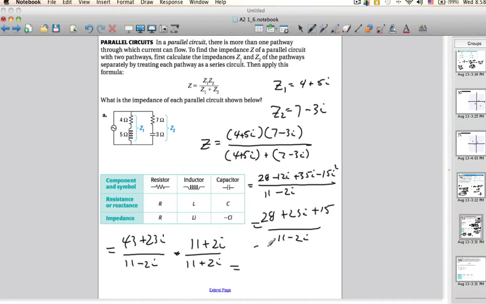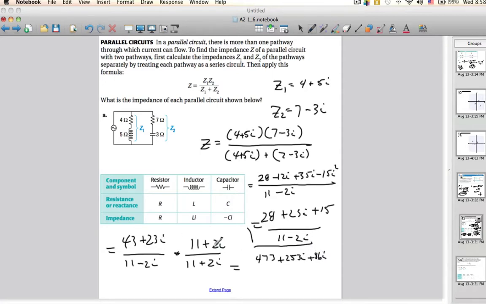Okay, so let's make a little barrier here. 11 times 43 would be 473. And then 23i times 11 would be 253i. And 43 times 2i is plus 86i.